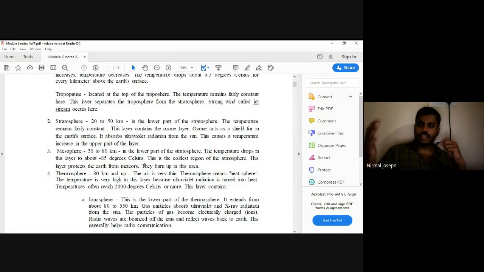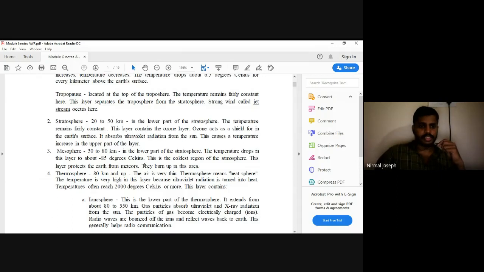Okay, and here is the ozone layer. You have heard about the ozone layer, and you will be aware of its importance. The ozone layer is located in this region and acts as a shield for Earth's surface. I think you all know that, just refresh it.